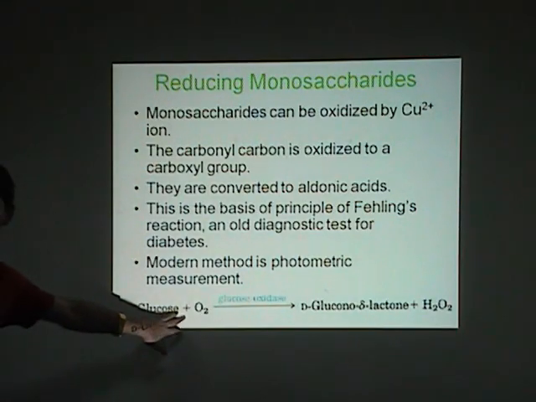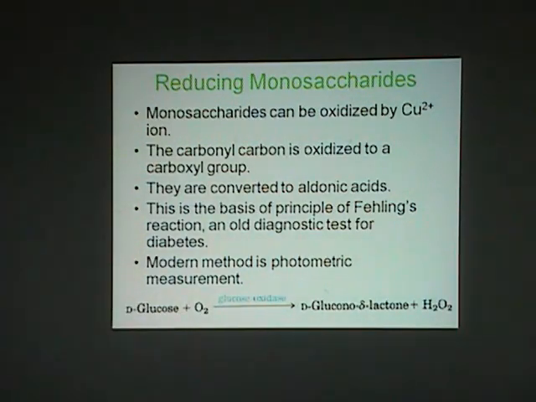What is it? D-glucose plus oxygen. That strip contains glucose oxidase. When glucose oxidase is present there, glucose will be oxidized because oxygen is there, and there is formation of D-glucono-delta-lactone plus hydrogen peroxide.